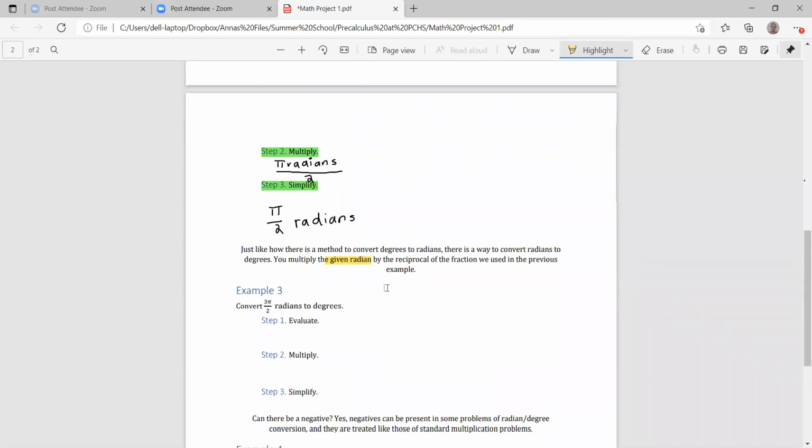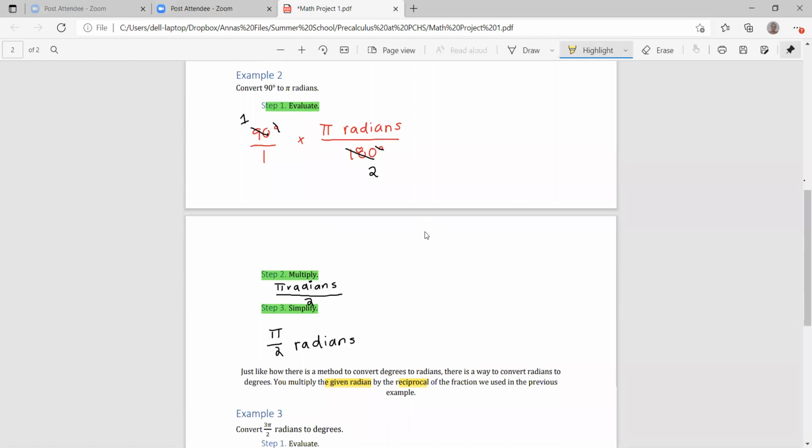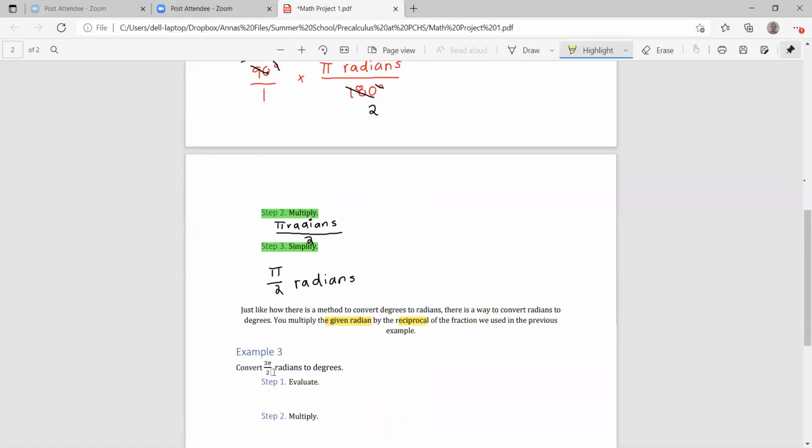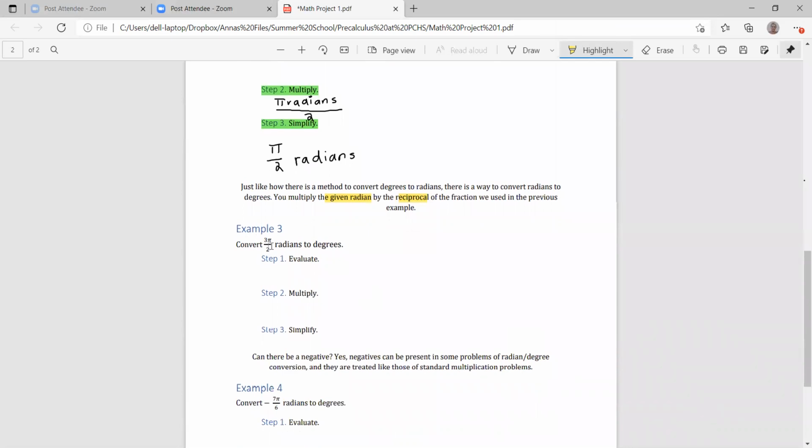So we're going to take the fraction that we used, pi radians over 180 degrees, and we're going to use the reciprocal of that to convert radians to degrees. So let's highlight what we know. We have 3 pi over 2 radians, and our target in blue is degrees.